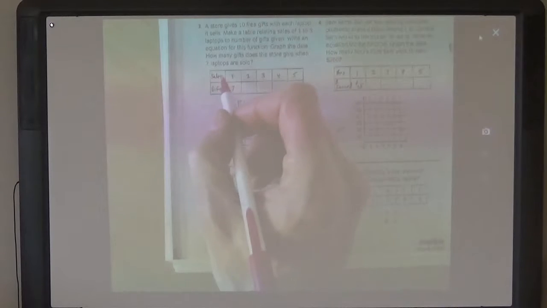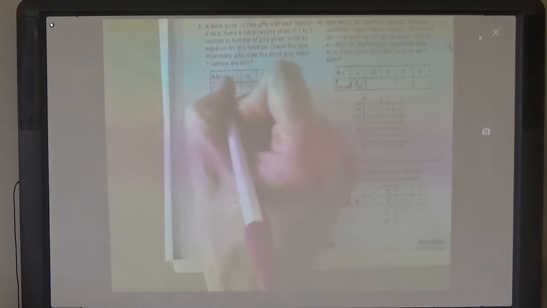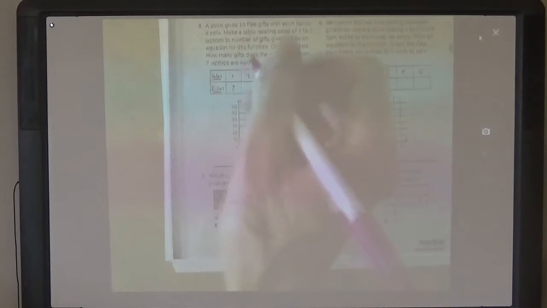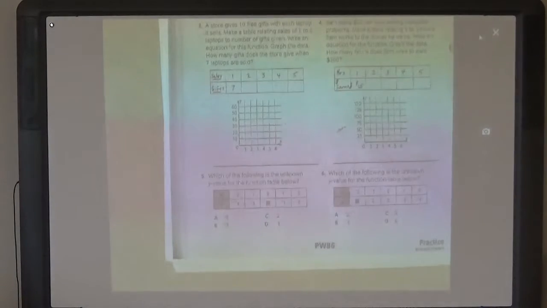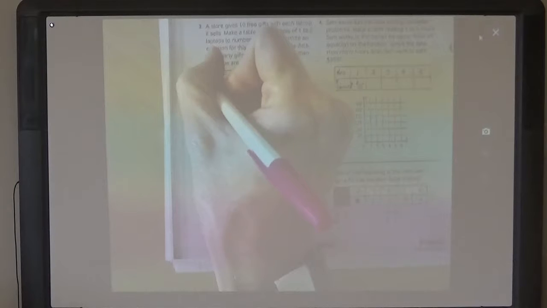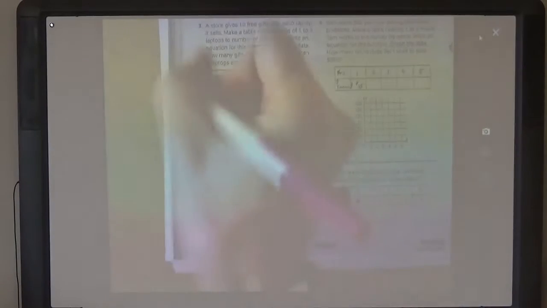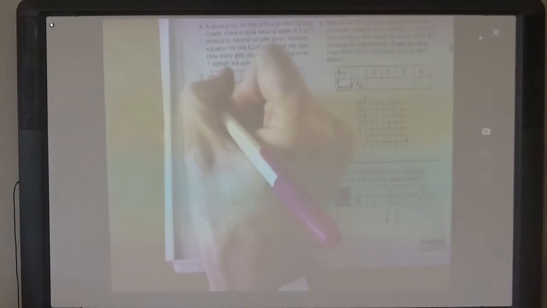On a chart, when you're charting numbers from a real situation, instead of using just X and Y, you should use the actual words from the problem for X and Y. Oftentimes, you'll assign a variable to that as well, like S for sales and G for gifts.